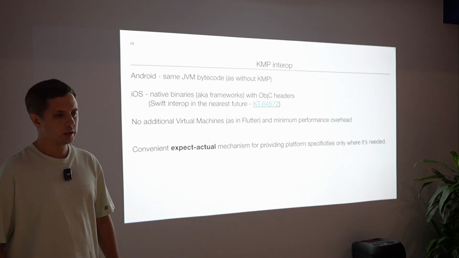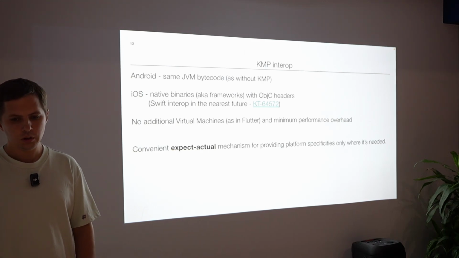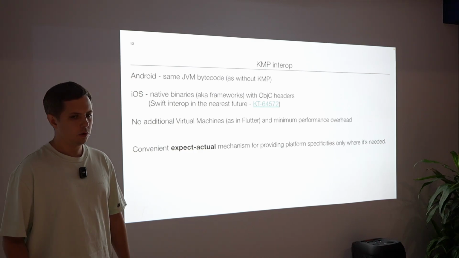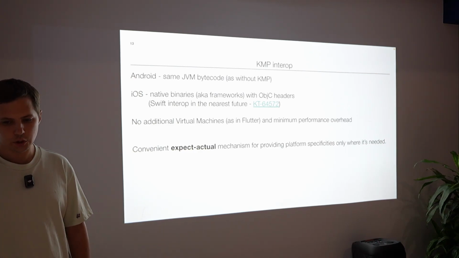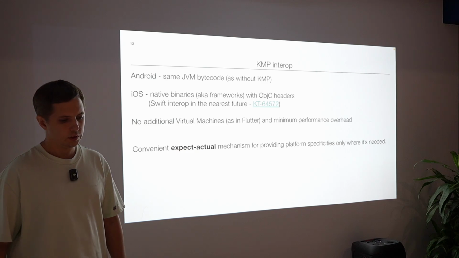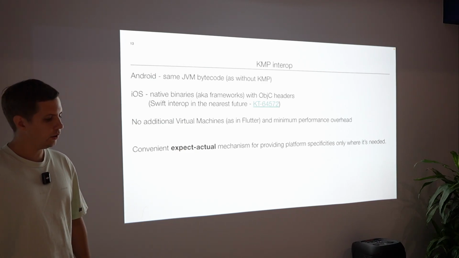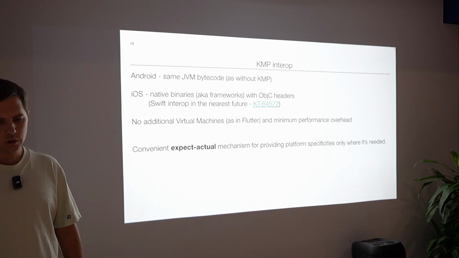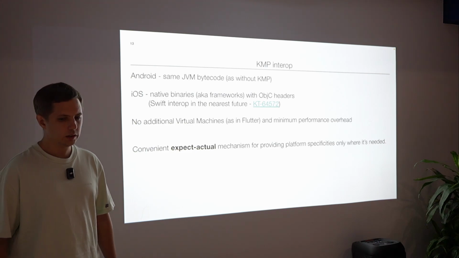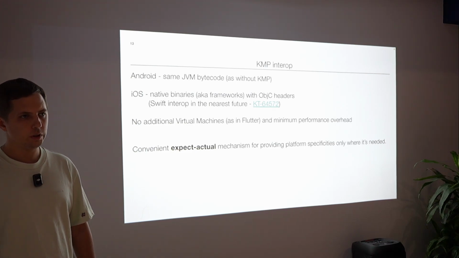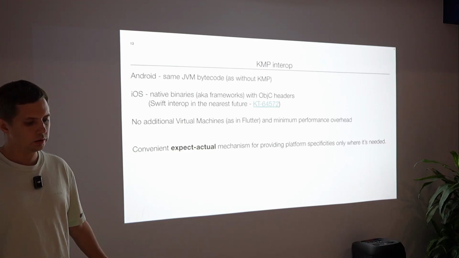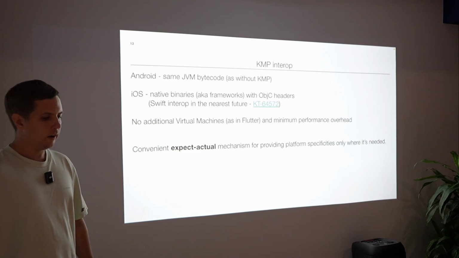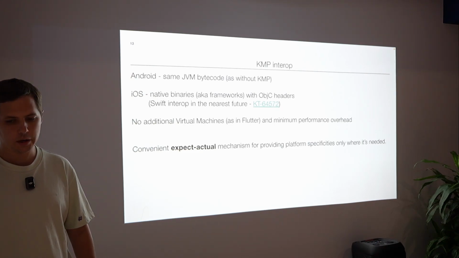These Objective-C headers can be easily called from Swift code, but we are also waiting for Swift interop in the nearest future, a direct Swift interop, which will be much more convenient for iOS developers. Also, in comparison to Flutter, for example, it has no virtual machine. It doesn't bring one into the binary itself.